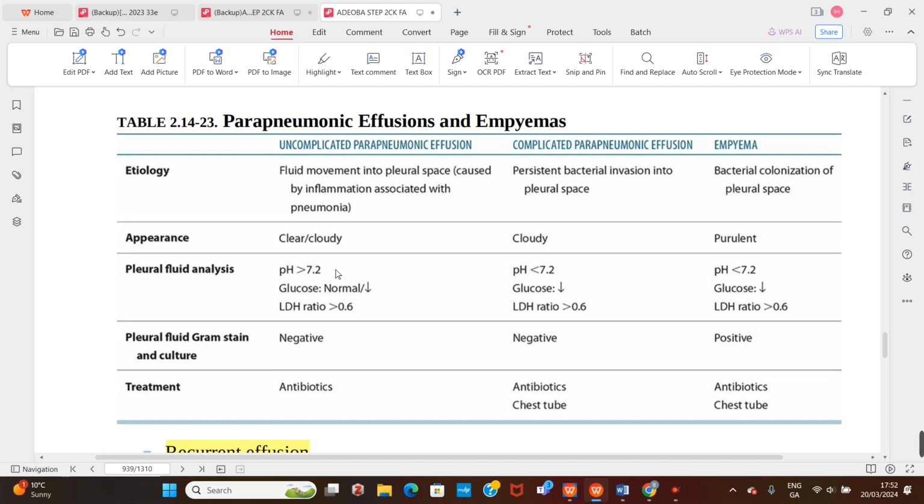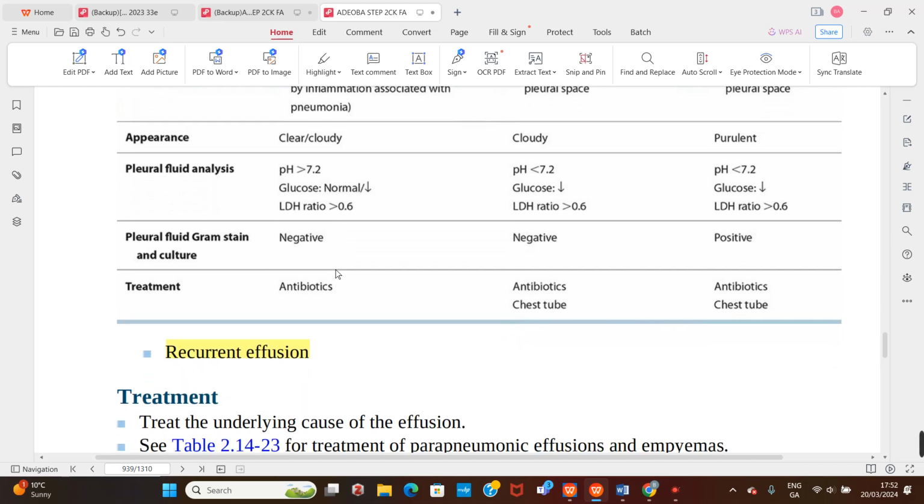For you to now know the grade of how exudative it is, look at how low the pH is. If it's less than 7.2, you know that definitely there's bacteria involved in this process. But because there's no bacteria involved in uncomplicated, it will be more than 7.2 but less than 7.4. So that's what I'm saying.